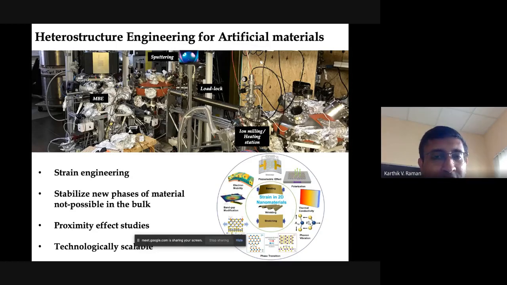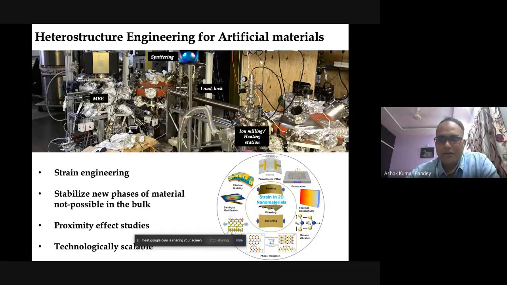So with that intention, we make sure that all the interfaces, which is what drives our physics, are clean and give you reproducible results. And once the full stack is made, you can take it out, do the required patterning and make a device geometry, because this nowhere exposes the interfaces as it does in a conventional fab. Right. Thank you.